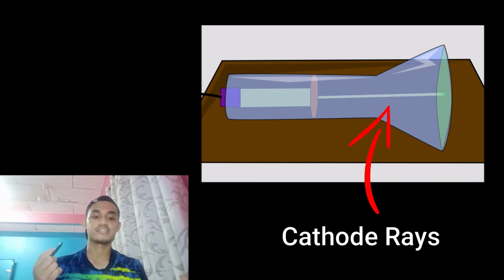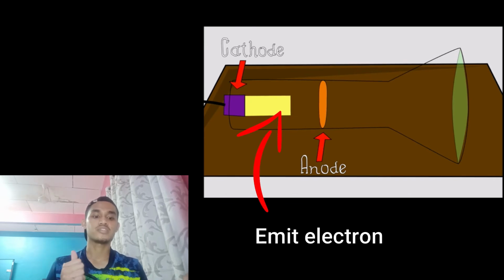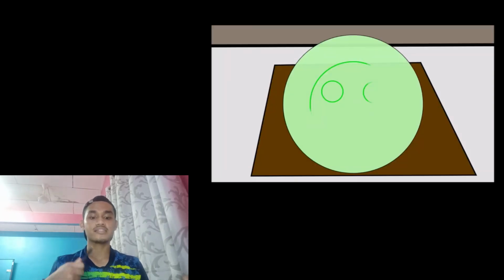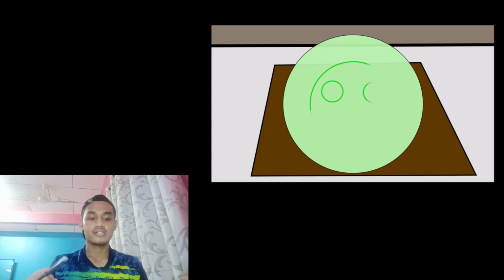The electron gun is made of three components: the cathode, the anode, and the screen. The cathode emits the electrons. The anode focuses the electrons to form a beam, and the glass is the place where the beams hit and form the image.